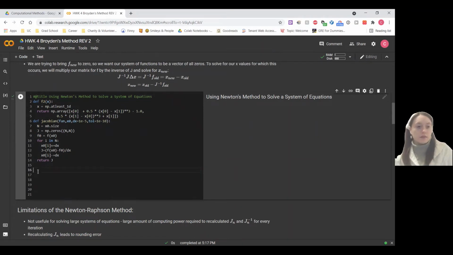So we have our function, we have our initial value of x, and we have our Jacobian.